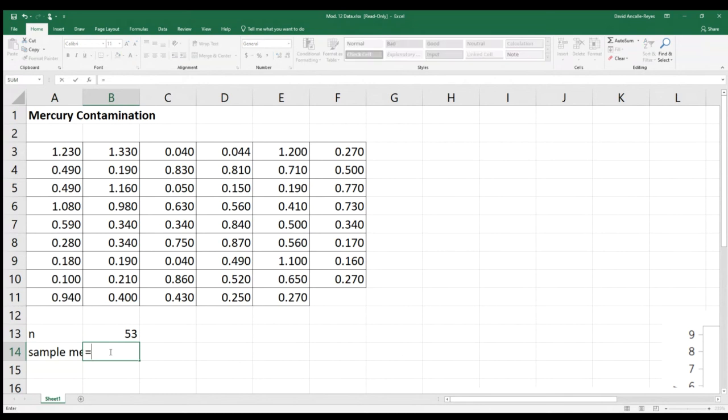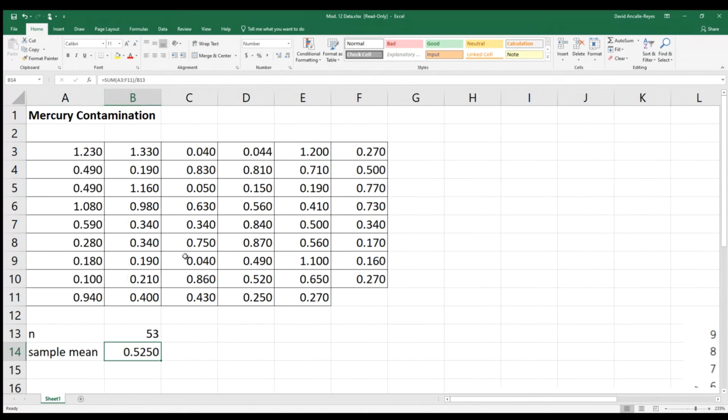The sample mean, which Ramtin already explained to us before, is taken by adding up all of the values in our sample and then dividing by the number of observations. This gives me a sample mean of about, rounding to 4 significant figures, 0.5250. That is the sample mean.